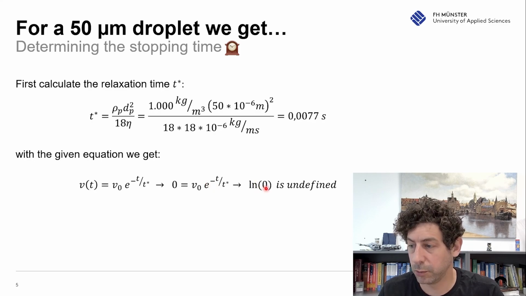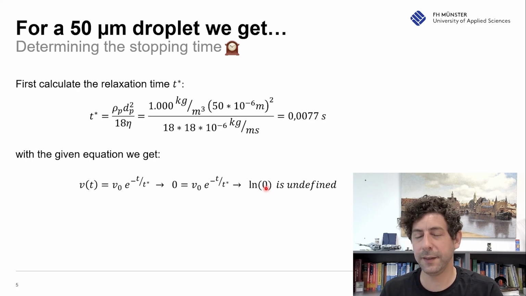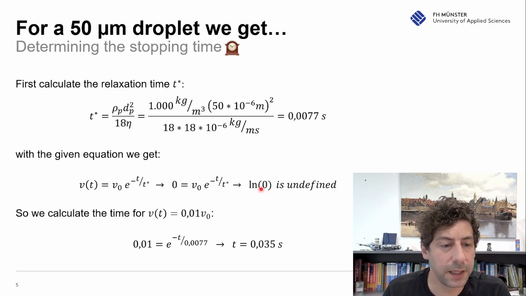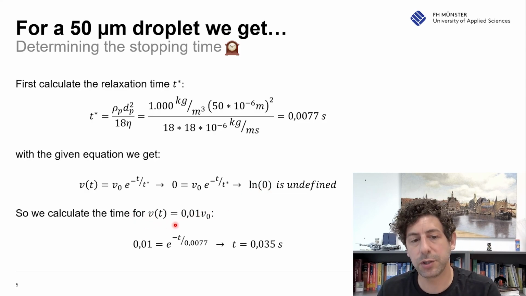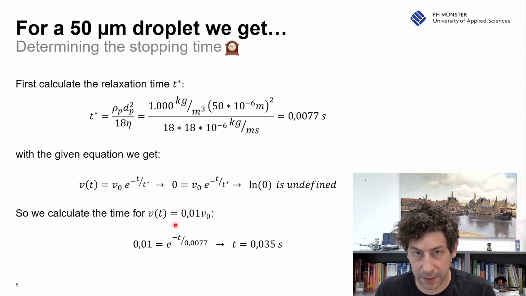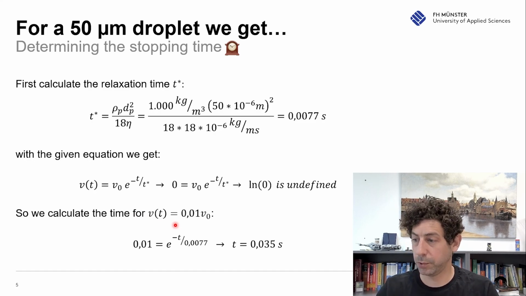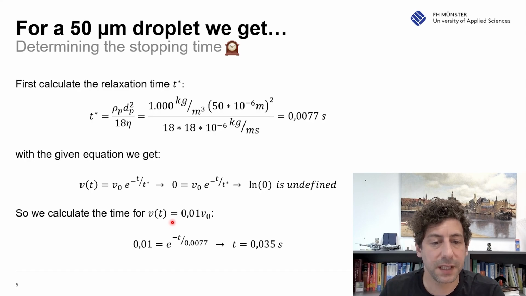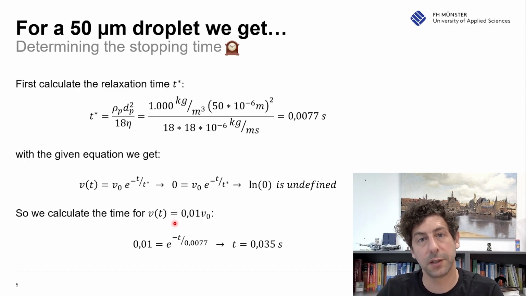So we have a problem here with solving this, and this problem can easily be treated by saying, maybe we just need to reach 1% of the starting velocity, because 1% is very close to 0. So in this case, we ask what is the time needed to reach only 1% of the starting velocity?